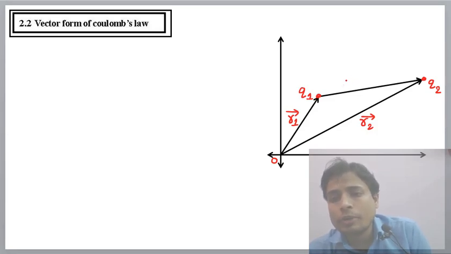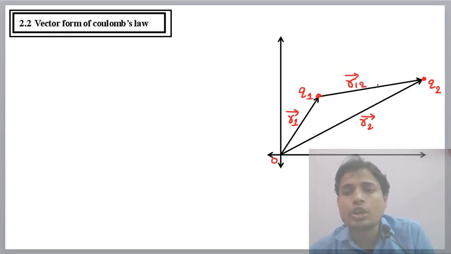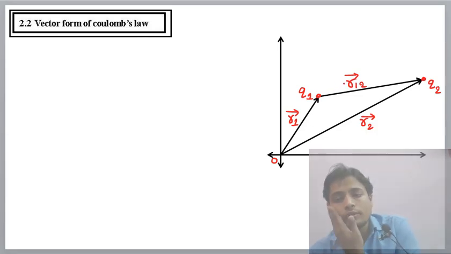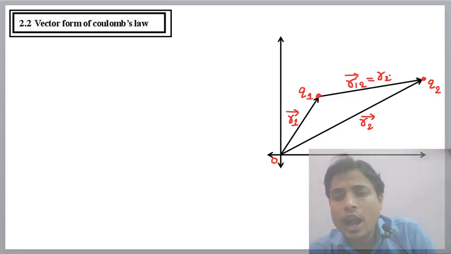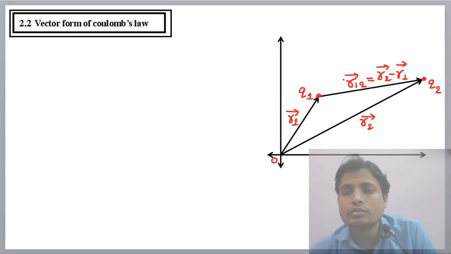Now this will be R12 vector, means position of 2 from 1, and this can be written as R2 vector minus R1 vector.